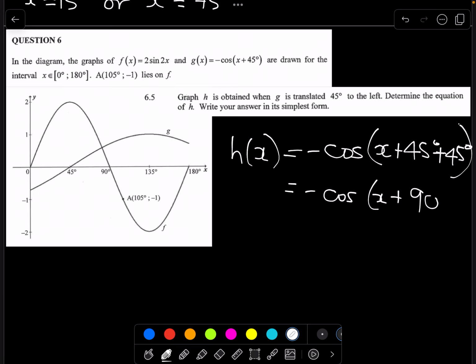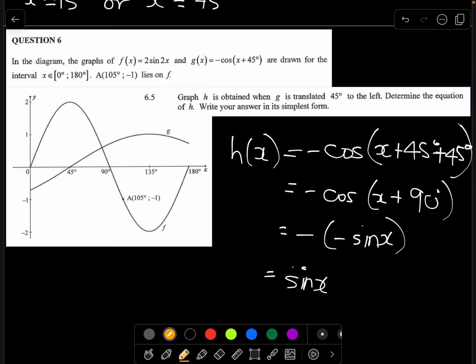and we know that cos of 90 plus x is the same as negative sine x. So this is potentially, I think, the simplest way to express the function. And that kind of makes sense, because if you take this graph, it would have been nice to carry it on a little bit so that I can snatch it.